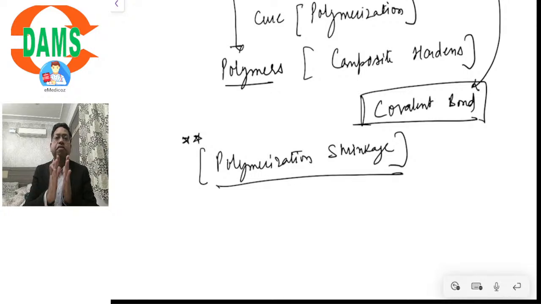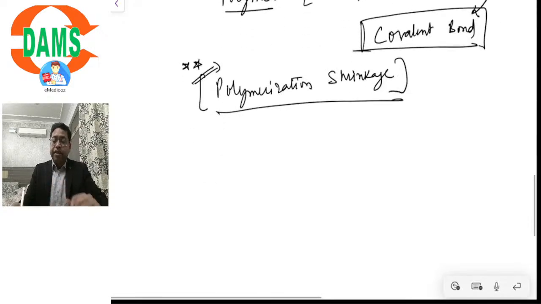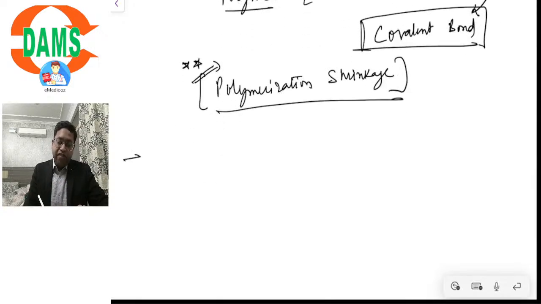They create a lot of interfacial tension or stress that can result in debonding of the composite from the tooth. Or if the shrinkage is excessive, it can even fracture the tooth. So whenever we talk about resin-based materials, the first thing that should come to your mind as a disadvantage is polymerization shrinkage.